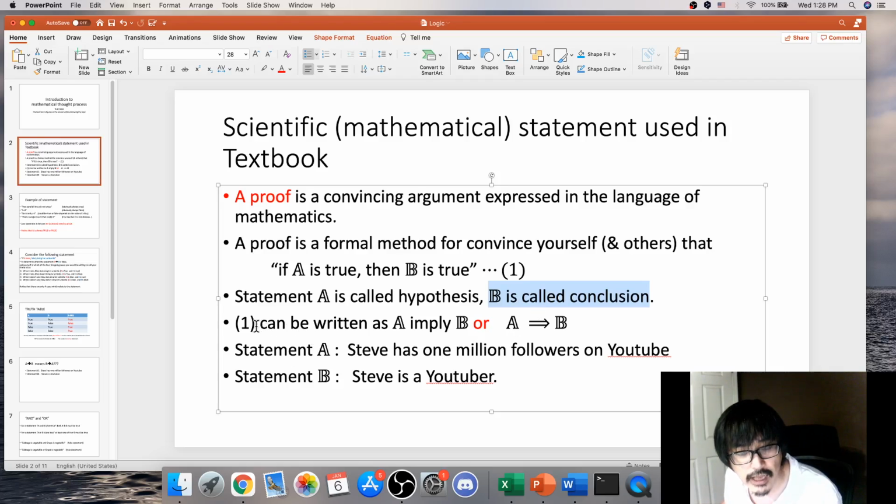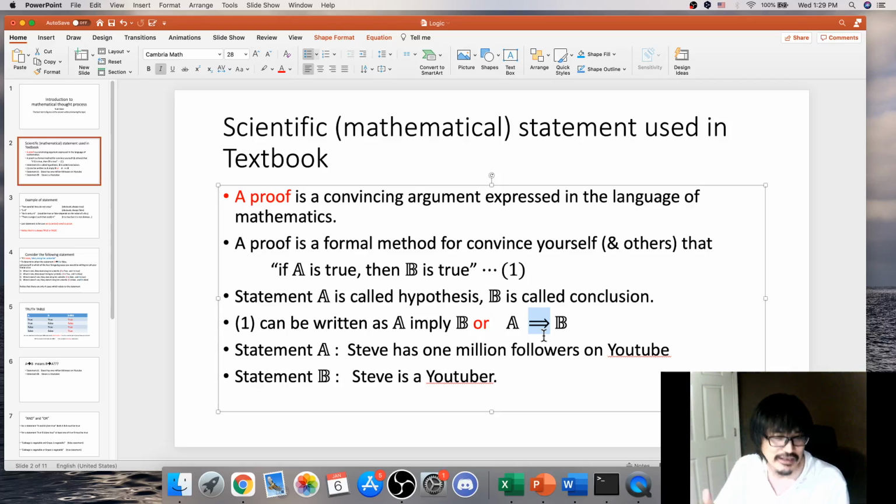The way I talk about this same statement is that A implies B, using an arrow pointing in the direction of B. So whenever I write A implies B, it means that if A is true, then B is true.